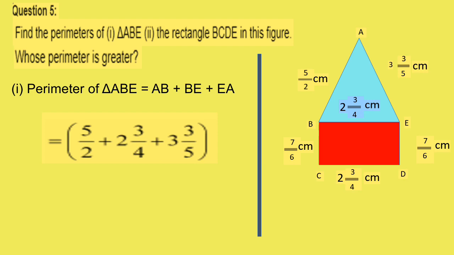Let's see how I am writing. 2 into 4. Look here, I have written multiplication here. Next, plus 3 by 4. Here also you have to multiply 3 into 5 like this and add the result with 3, and you have to write 5 as it is.